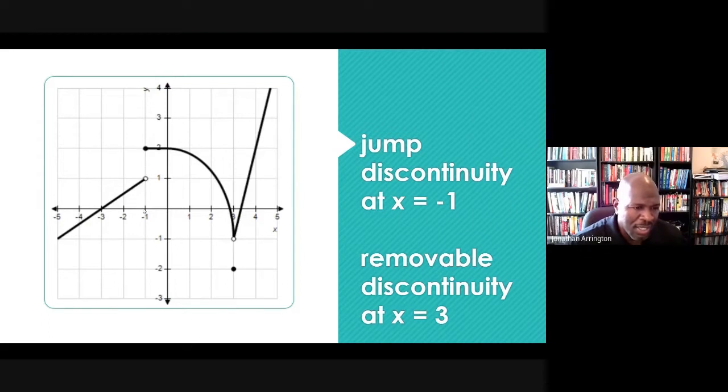Even here at -1, there is an open circle, but there's also a closed circle. Here at x equals 3, there is an open circle, but there's also a closed circle. So f of -1 is 2.